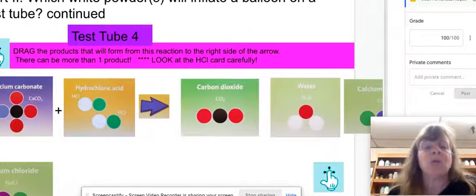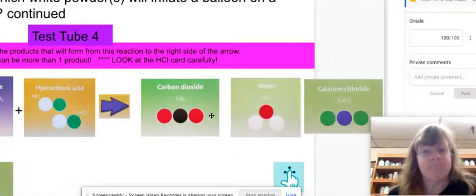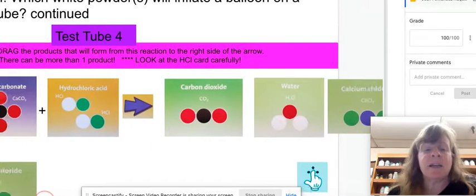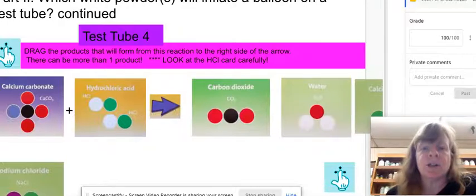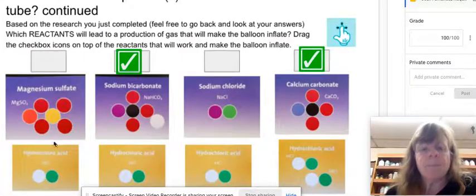Every single atom we start with is present in the products. Rearranged, but still present. Atoms cannot be created or destroyed. And that's what some of the big errors that I saw were. Let's keep going and continue.